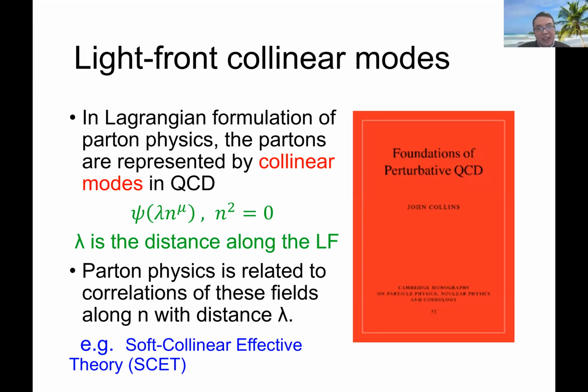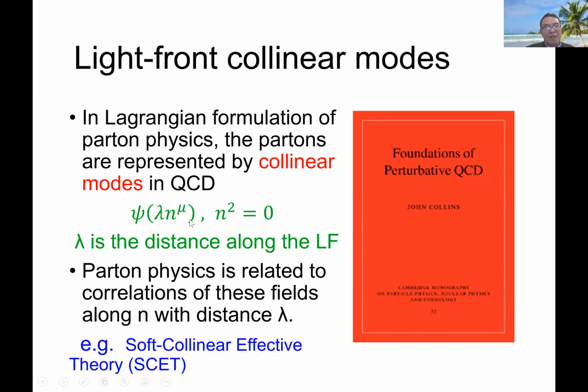Now, if you look at the textbooks, this is a 600-page textbook by John Collins that talks about partons and factorization in QCD. And people usually use a Lagrangian formulation. In this case, partons are represented by what are called collinear modes in QCD.